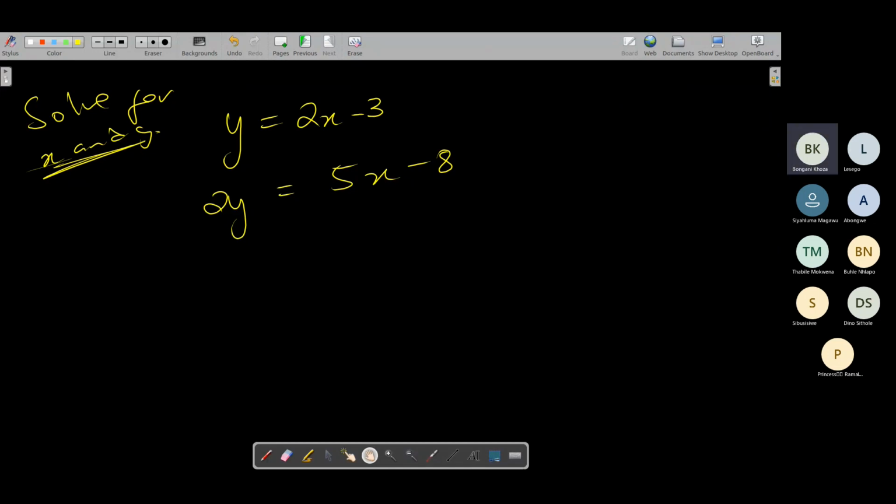All right. So the first methods that we're going to look at, let me just write them down. We have the method we call elimination, and we have a method we're calling substitution.